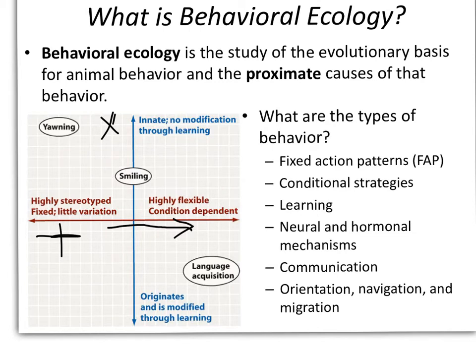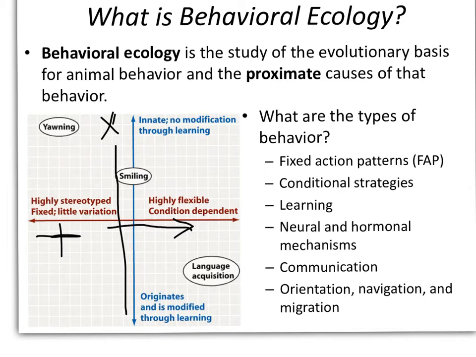But then as you go down, you get to modified behavior. In other words, you can really modify certain behavior through learning. A good example of this, of course, is language acquisition. Another example might be learning how to hunt, all sorts of different things.